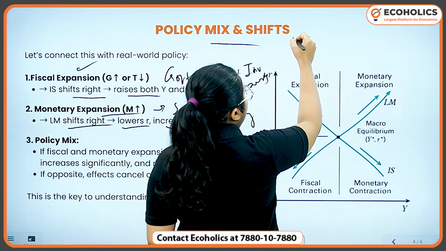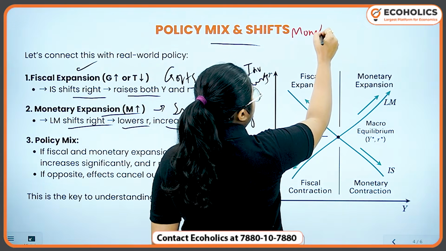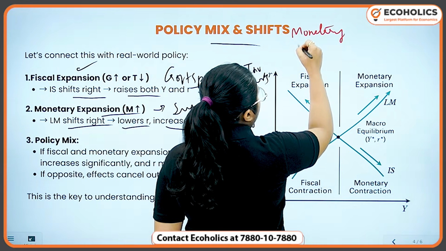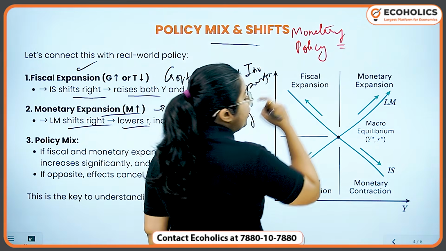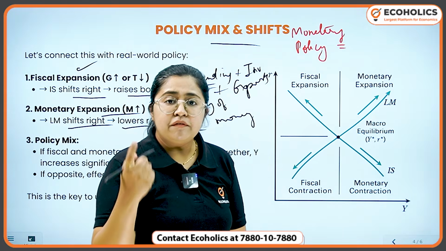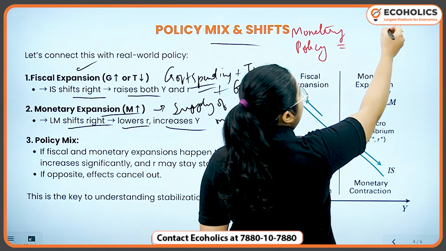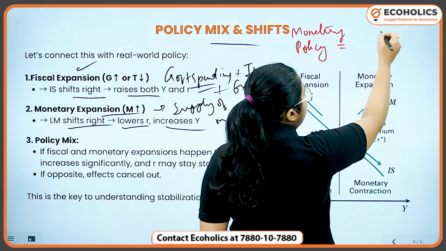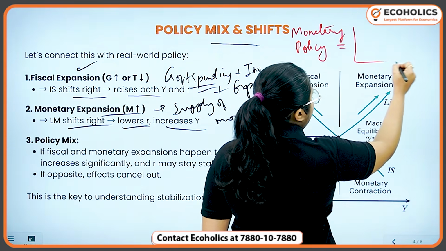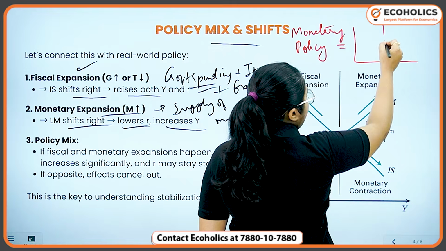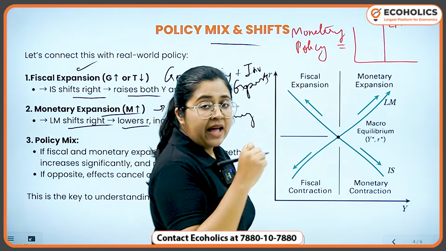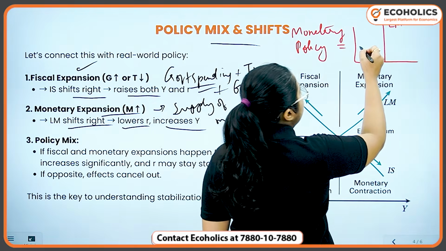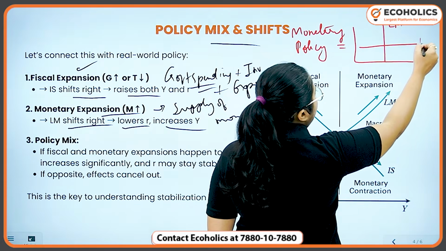the monetary policy. Okay, monetary policy will be effective when the LM curve is vertical and the IS curve is horizontal.